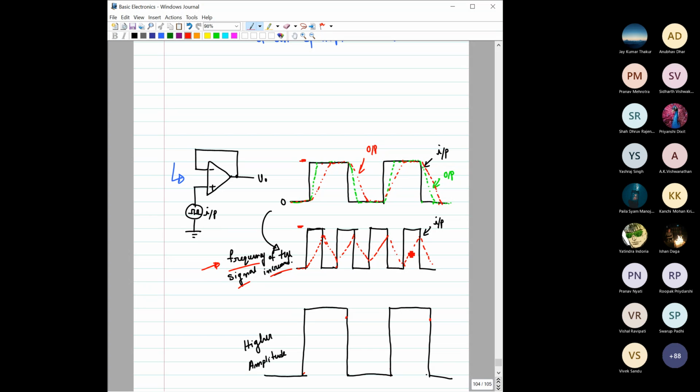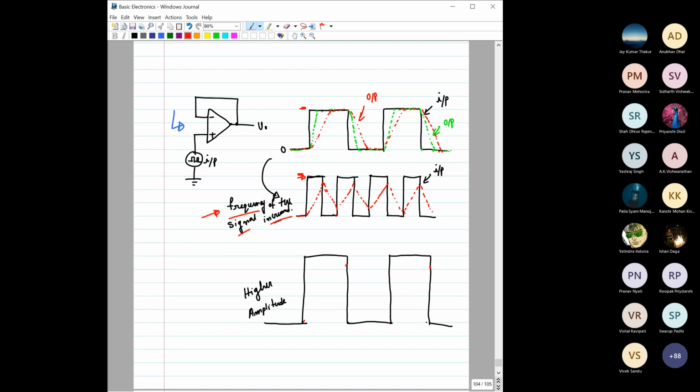You can see the output is not even able to reach its original amplitude. So if you increase the frequency of the input signal, this becomes an issue; here also it is distorted, but the distortion will significantly increase.